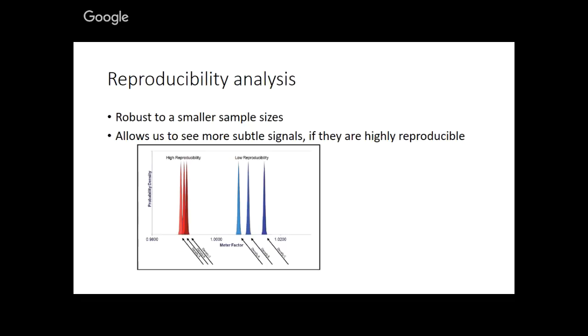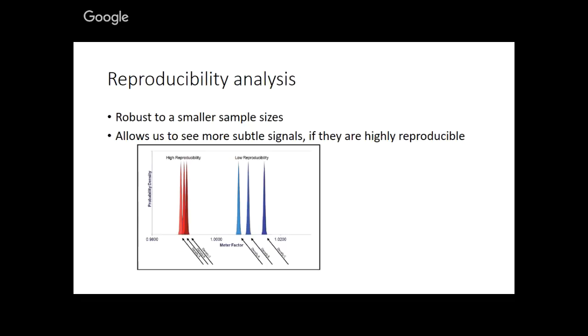So if these data both provide us with some good p-values, quote unquote, for a brain voxel, it's obvious that the left one is better, right?